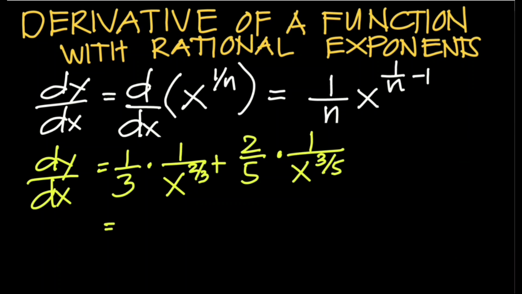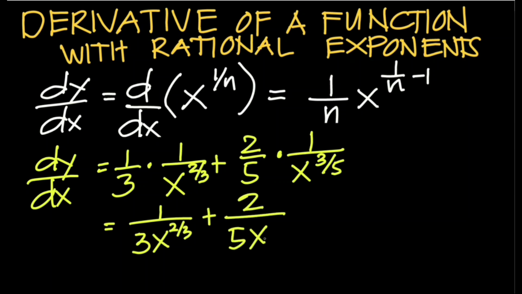Then this would become 1 over 3 times x to the 2/3 plus 2 over 5 x to the 3/5.